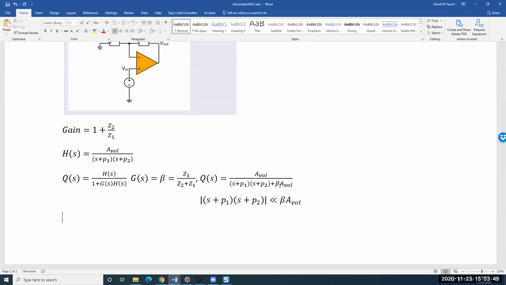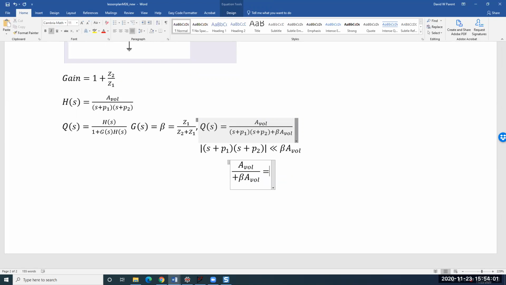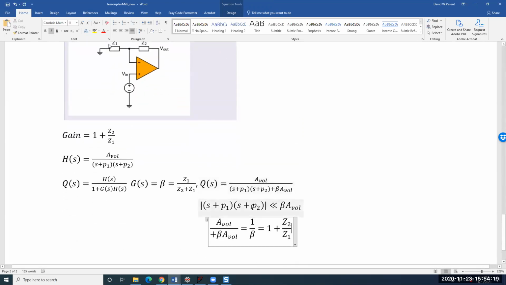Now, if that's true, we get this, which then we get this, 1 over beta, which when we manipulate it, we get. Okay.